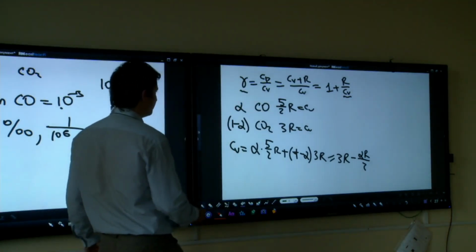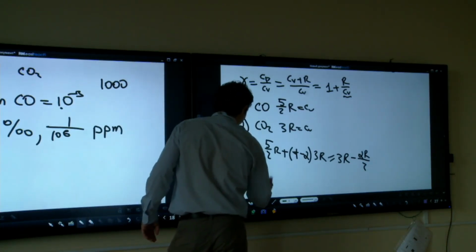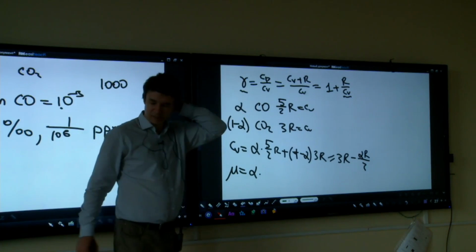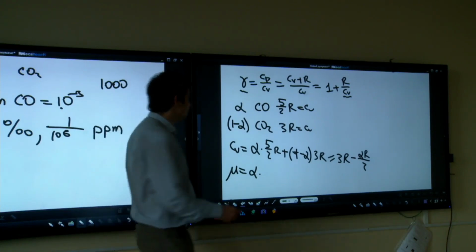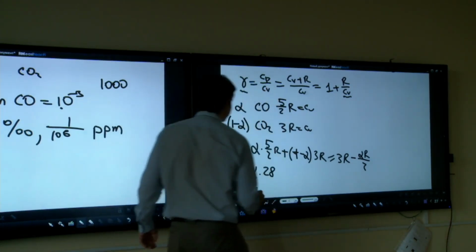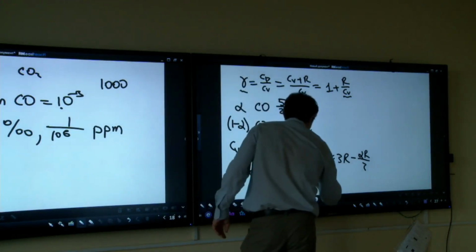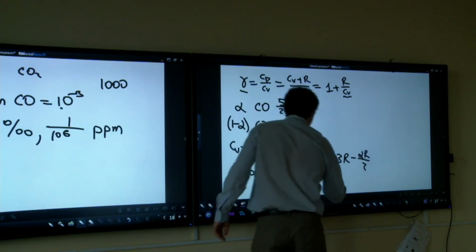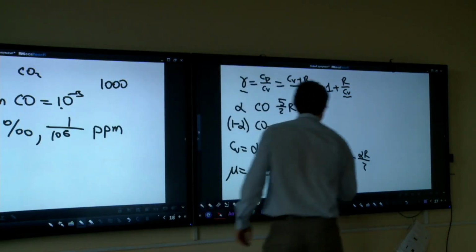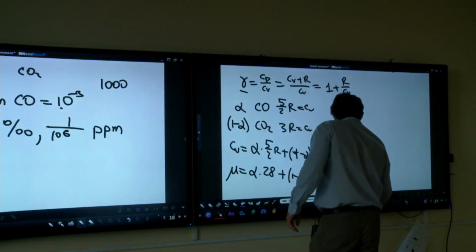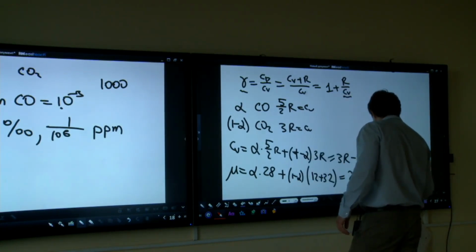And finally, for the molar mass, I do the following. I multiply alpha times the molar mass of CO. This is 12 plus 16, that should be 28, plus 1 minus alpha times 12 plus 32. Okay, that should be 28 alpha plus 44 times 1 minus alpha.